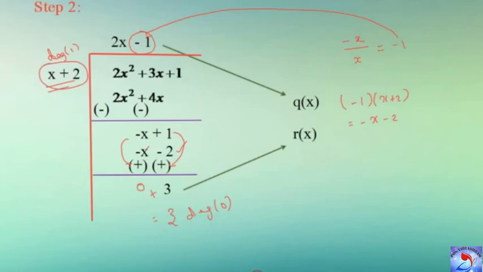So this tells you that when you divide your quadratic polynomial 2x square plus 3x plus 1 by x plus 2, you get 2x minus 1 as your quotient, denoted by q of x, and 3 as your remainder, denoted by r of x. Now, as per the division algorithm, let us see how we are going to write it here.